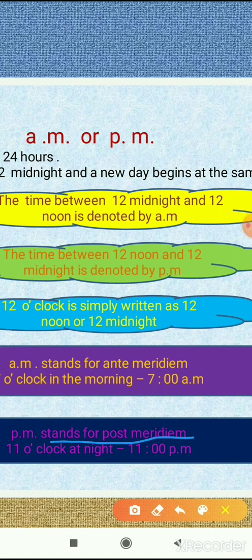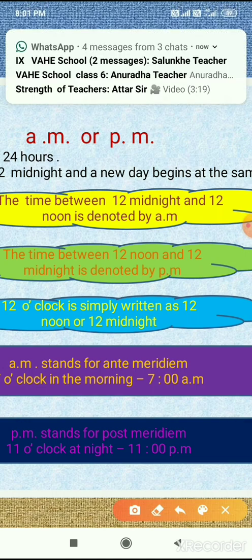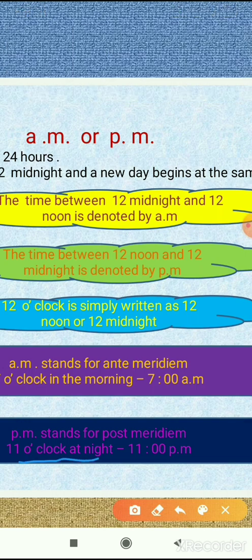See an example: 11 o'clock at night. How do we denote this time? 11 PM. Understood? In this way, the time between 12 noon and 12 midnight is denoted by PM.